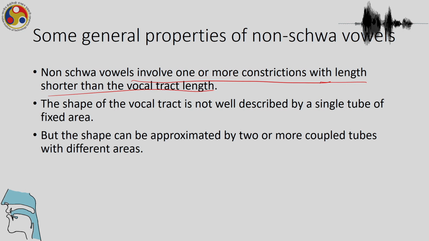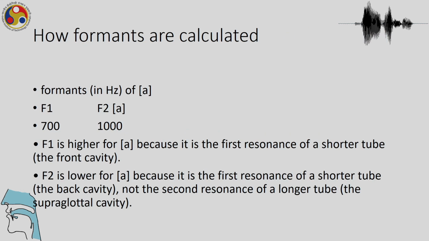However, it's not so for the other vowels, and they involve more constrictions with lengths which are different and mostly shorter than the vocal tract length. And that's why they are different from the schwa. And the shape of the vocal tract is not well described by a single tube of fixed area, but the shape can be approximated by two or more coupled tubes with different areas.